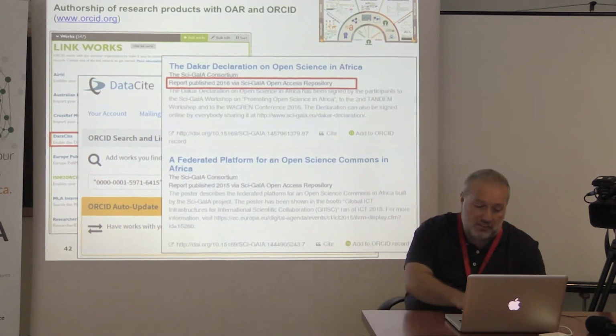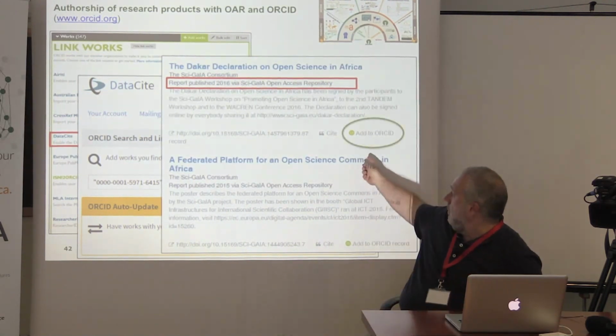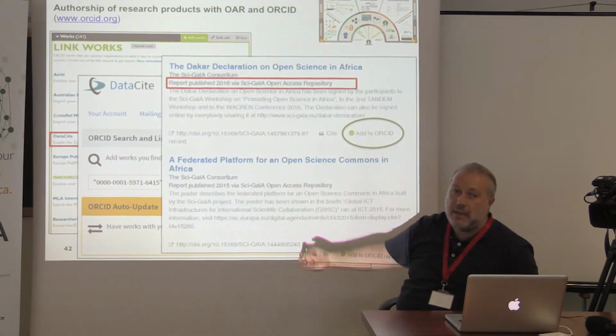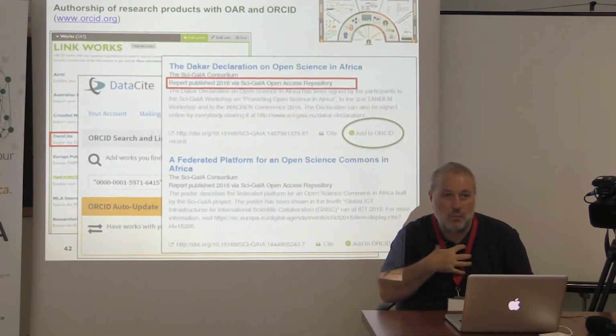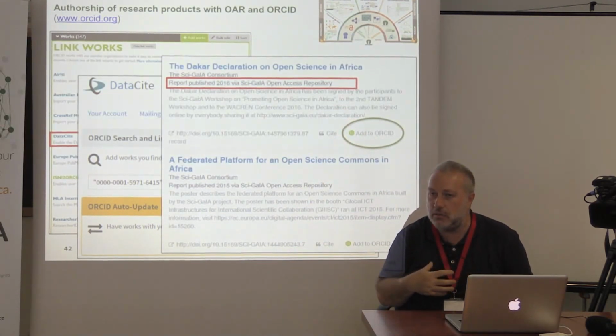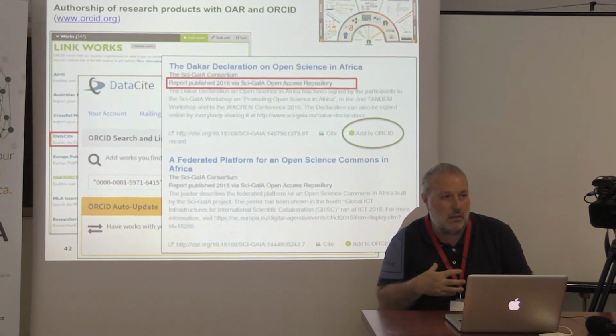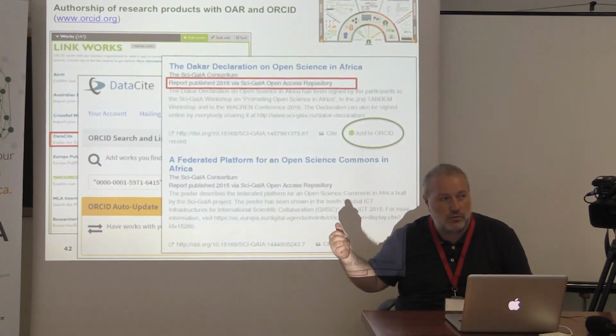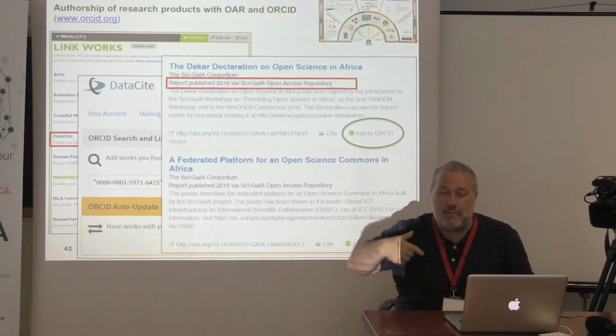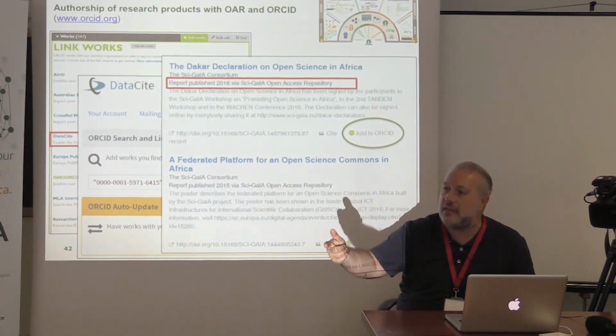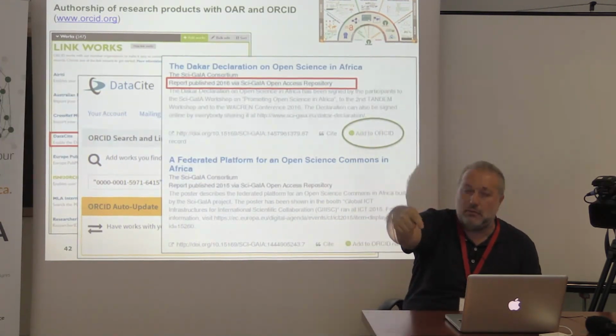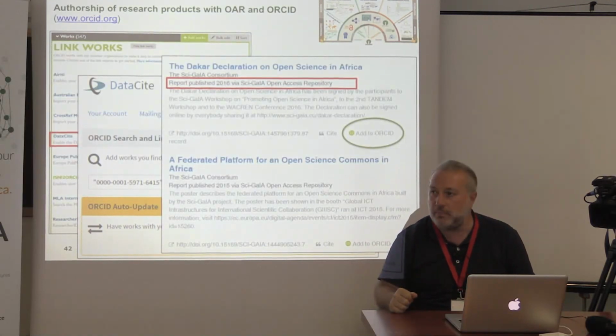So you can just say, okay, I want to add this to ORCID, and this will go into my research products, into my ORCID profile. Or I can tell DataCite that every time I publish something and assign a DOI, it is automatically put in my ORCID profile.